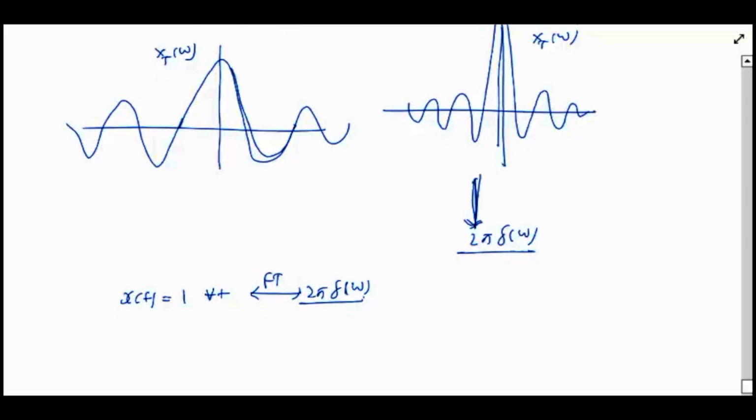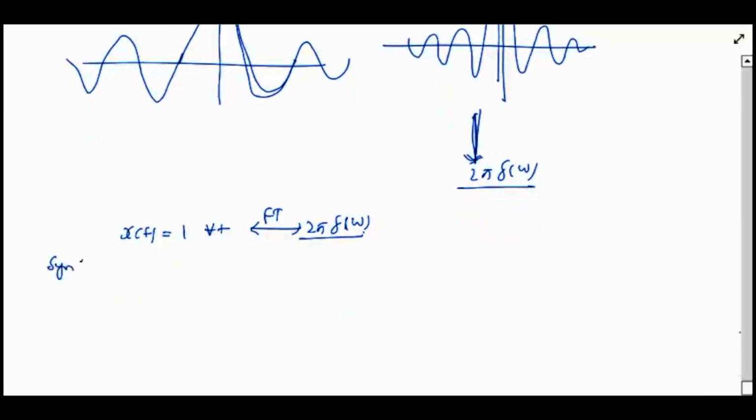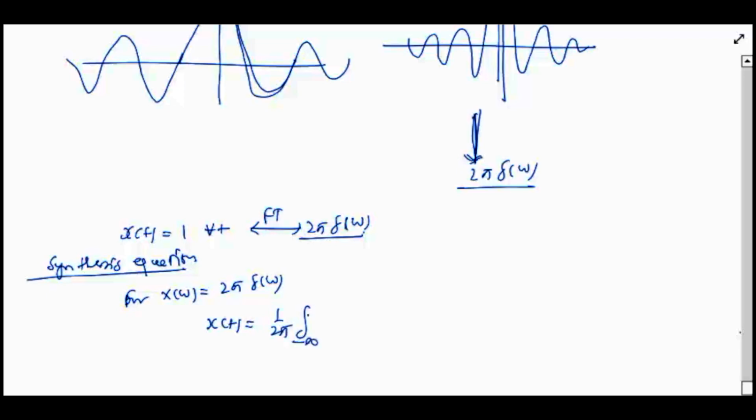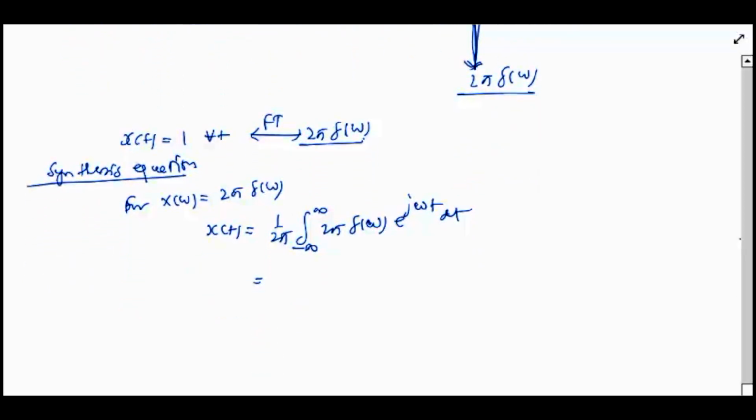If we use the synthesis equation for the Dirac delta function, then we see that for X(omega) equals 2 pi delta(omega), x(t) is 1 over 2 pi times the integral from minus infinity to infinity of 2 pi delta(omega) e^{j omega t} d omega, which is nothing but, the 2 pi gets cancelled, so it is 1.